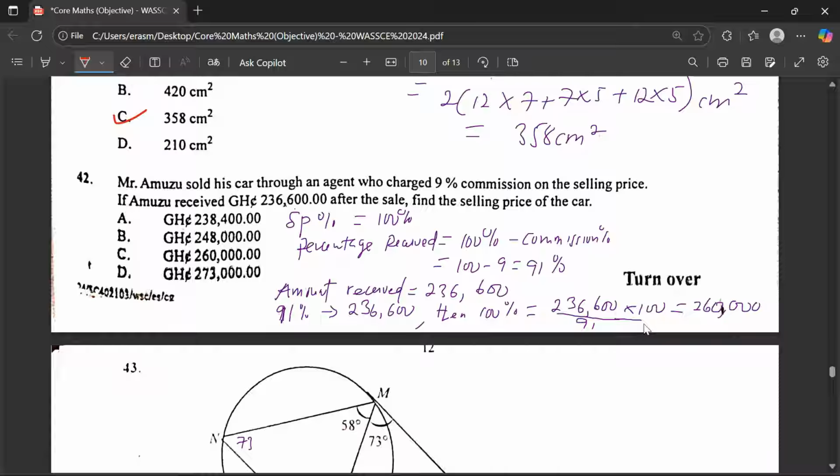So if more, let's divide, right? And so we are going to have 100 being divided by 91, the lesser value, times 236,600, and this is equal to 260,000 Ghana cedis. And so the right option is option C.